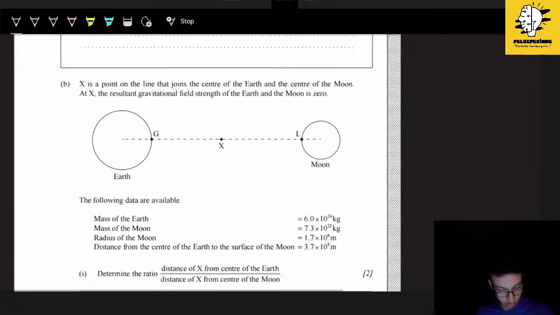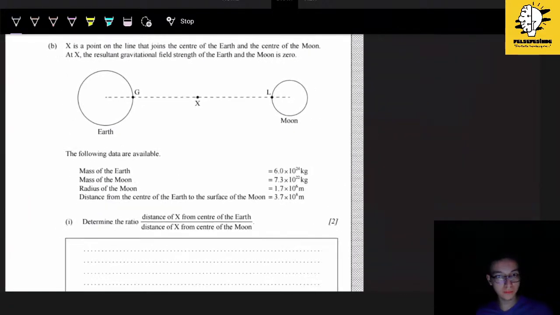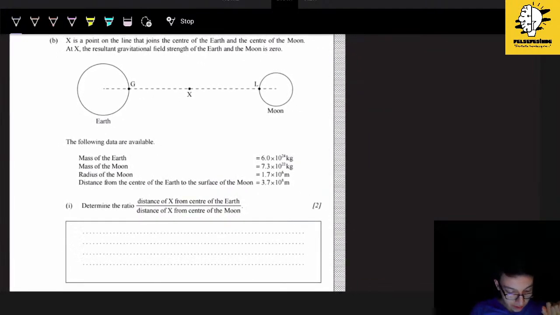Next question. Can I solve it again? This one? Yeah, why not? Okay. So it says determine the ratio distance of x from center of Earth over distance of x from center of Moon. X is the point where gravitational field strength Vg is equal to 0.